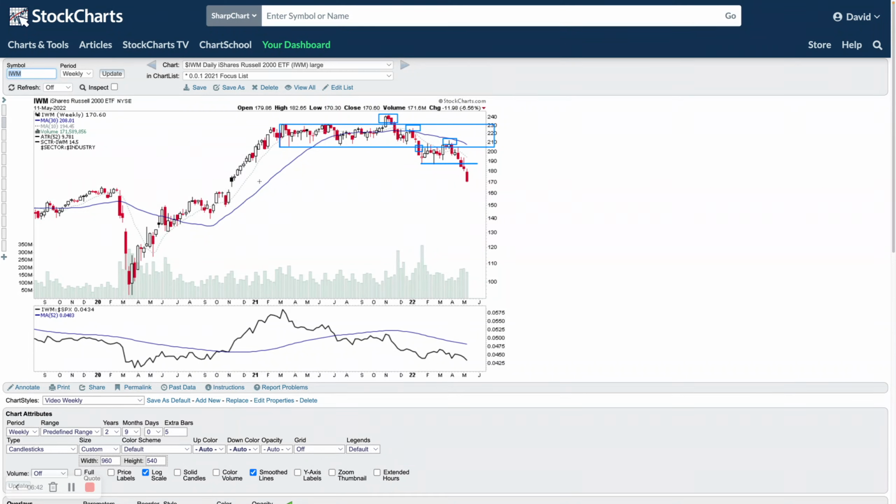So whether we retrace the entire stage 2 advance, the original stage 2 advance back from around this area here, where you had your original breakout which did dip back into the range, then a more convincing move into stage 2, we could potentially retrace all of that and get back down to around this 150 level and more even.